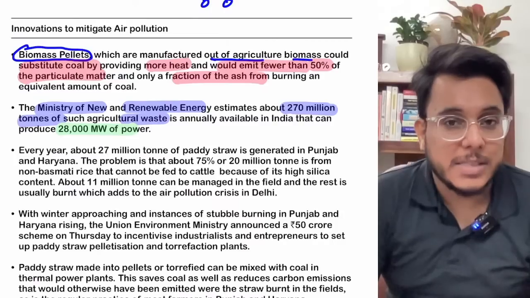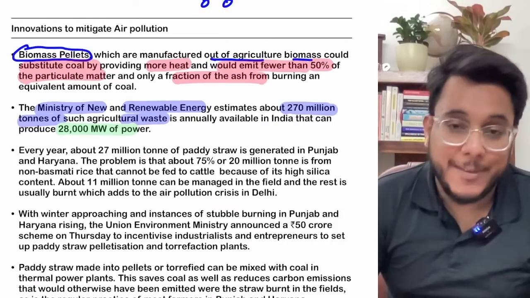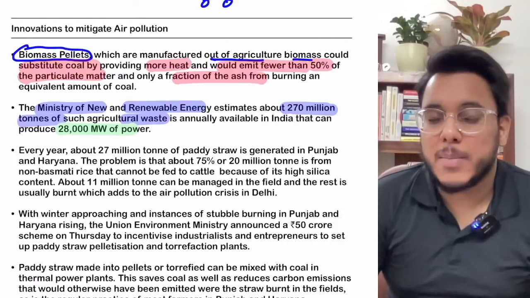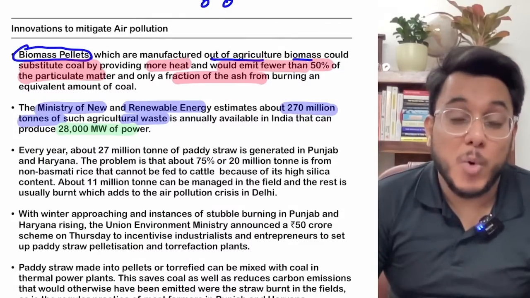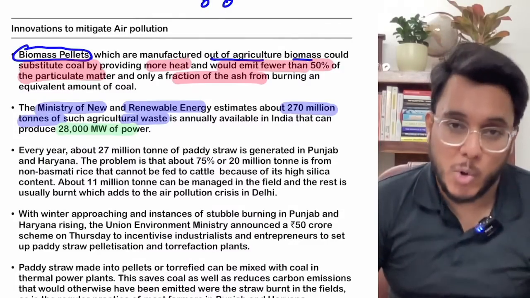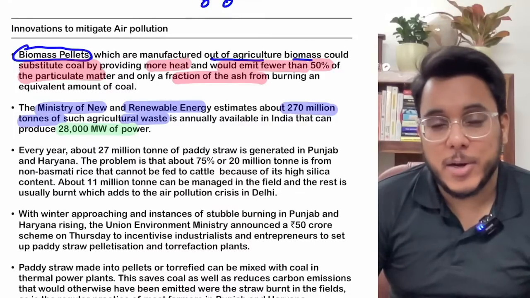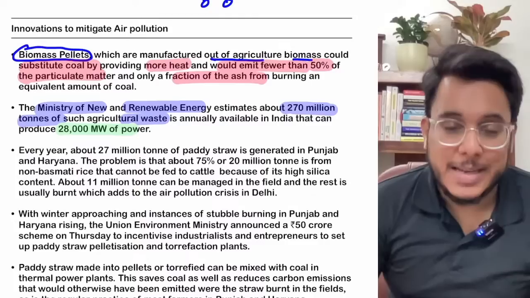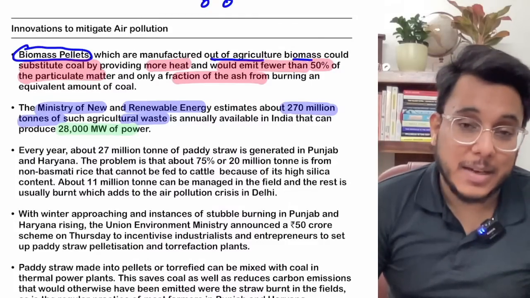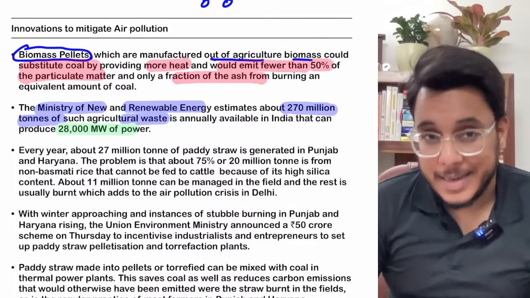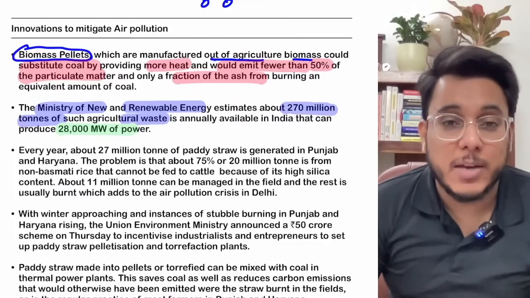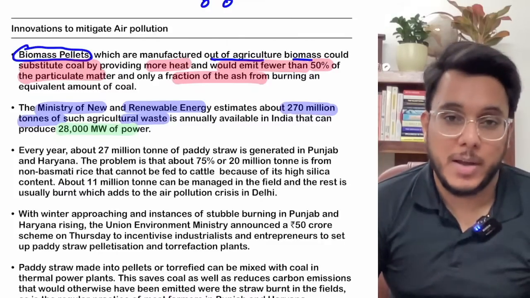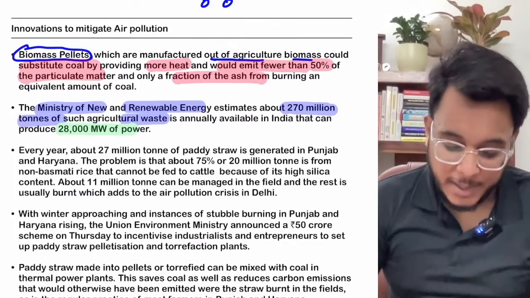We call it waste to energy. At the same time, guys, biomass pellets are more effective and efficient than coal. According to the Ministry, 8 kg of biomass pellets can give a calorific value equivalent to 1000 kg of coal. So it is more efficient, so they should be used.